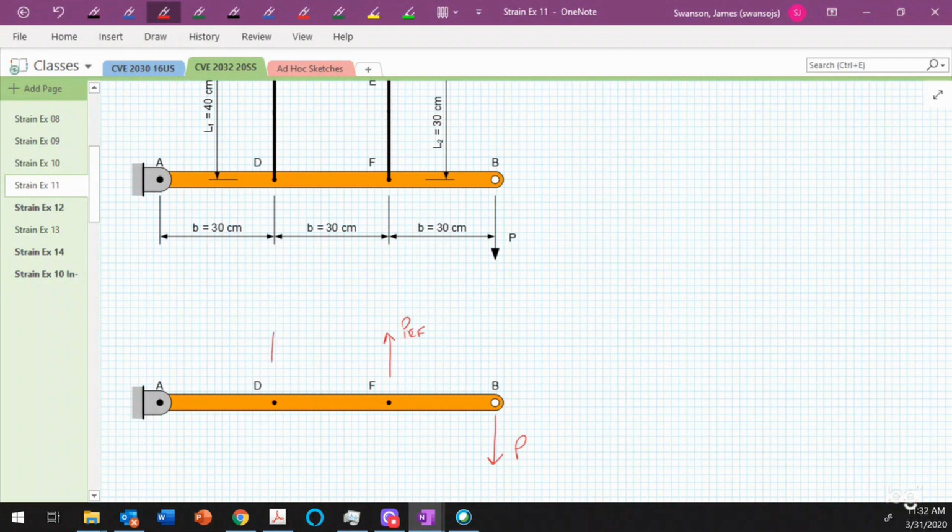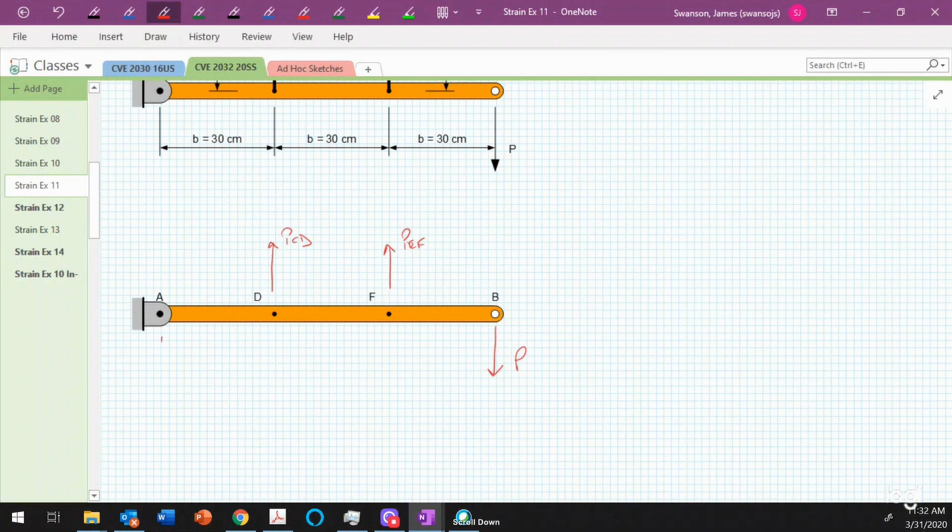And then there is a member force in this wire here that is going to be called P sub CD. We also have reactions over here at point A. So if I scroll up a little bit, I can go in here and write that this is a reaction at A in the Y direction, and then this is going to be the reaction at A in the X direction.